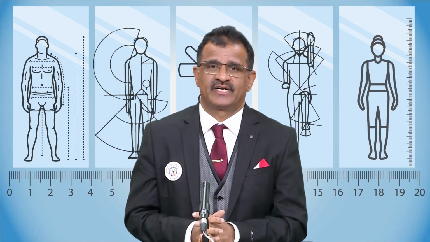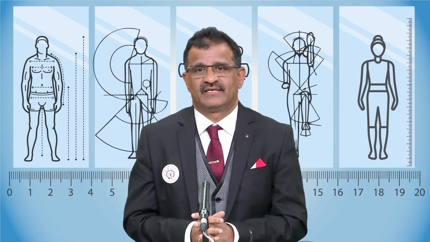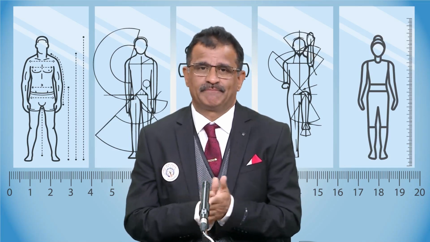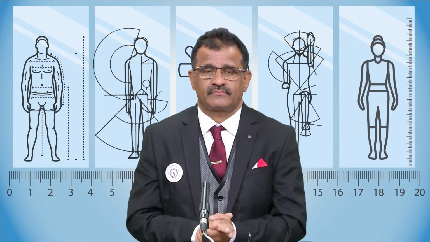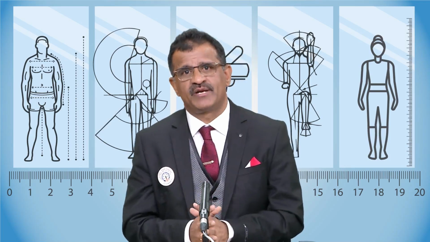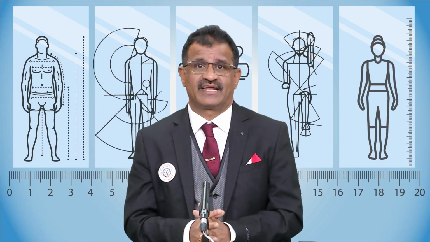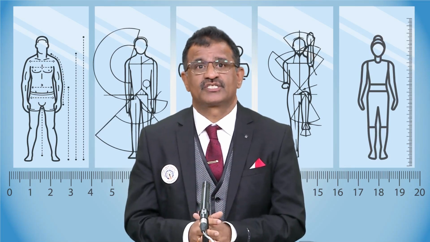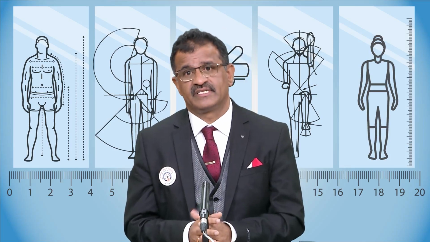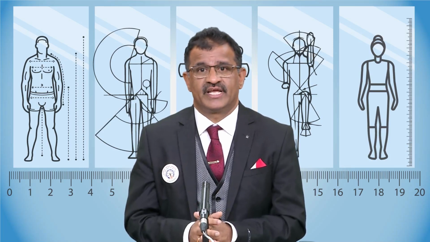But how this word came into existence in the world, a little part of the history of anthropometry, I'll tell you first. This word anthropometry was first coined by French naturalist Georges Cuvier, right back in the year 1769 to 1832.